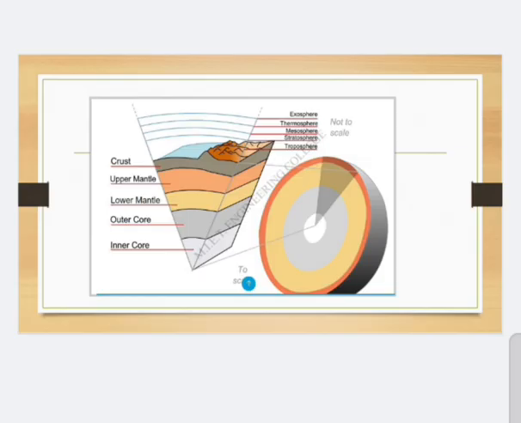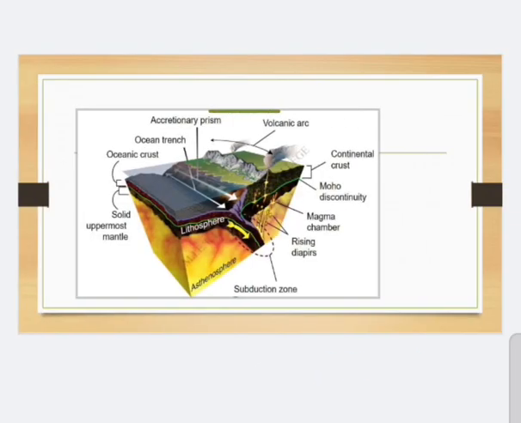The upper portion, the crust, contains solids, earth particles like sand, soil, stone and the sea portions, etc. The outer portion, the crust, has the volcanic arc, ocean, oceanic crust, solid uppermost mantle, continental crust, Moho discontinuity and the subduction zone.